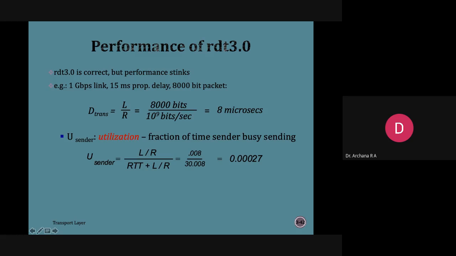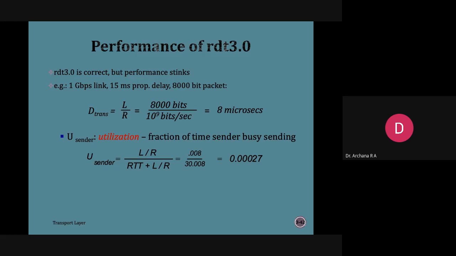It is given by the formula L divided by R, where L is the packet size and R is the transmission rate, divided by RTT plus L by R. RTT is nothing but the round trip time, the total time taken by the packet to complete its transmission.